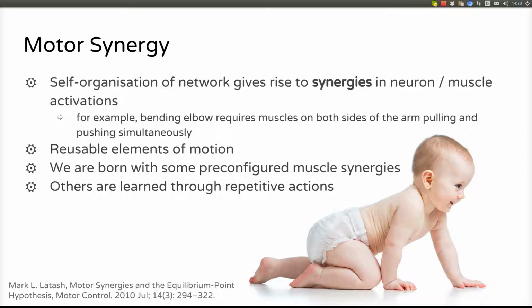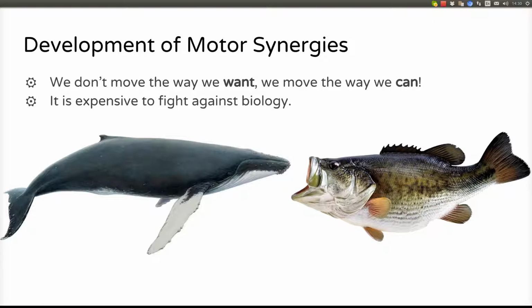So what probably will happen is that our neurons and synapses will become configured so that these muscles will very rarely be triggered independently. So in the same way as we will notice that a baby will be able to reach and grasp and kick from birth, these are considered to be the muscle synergies that we're all considered to have. And others are learned through repetitive actions.